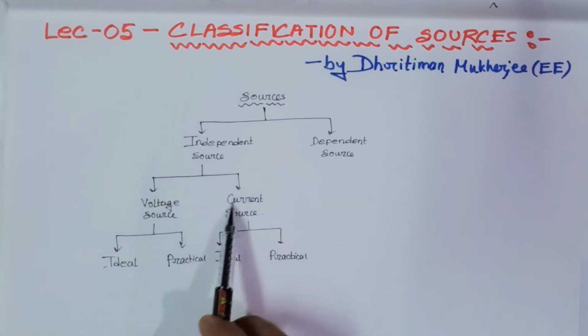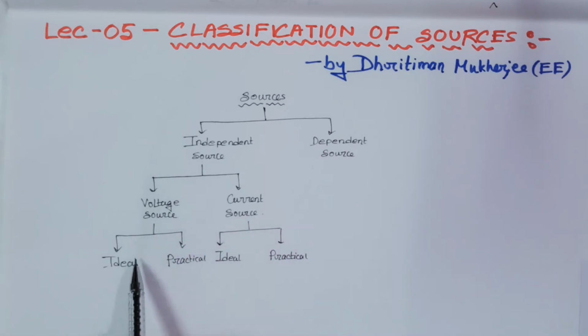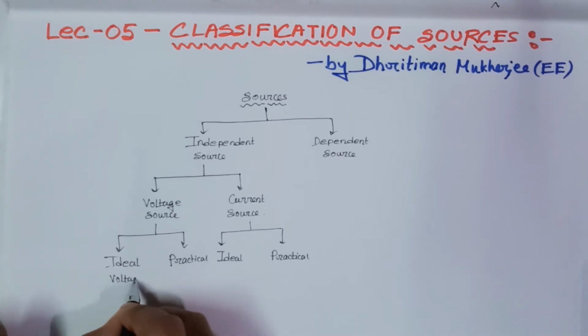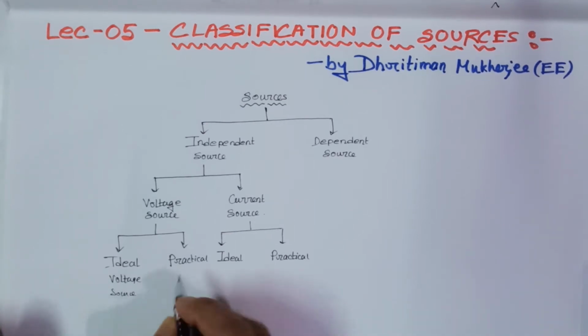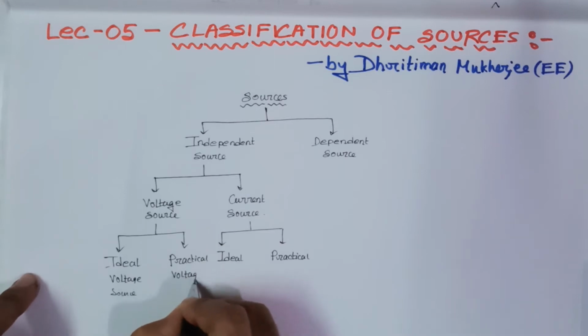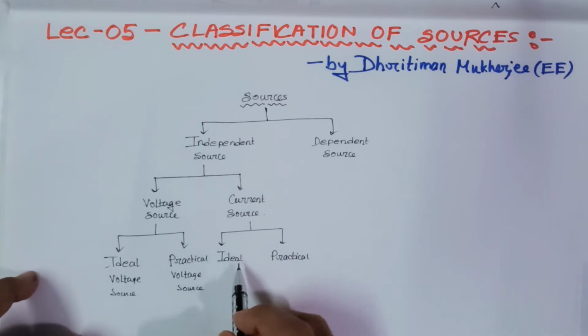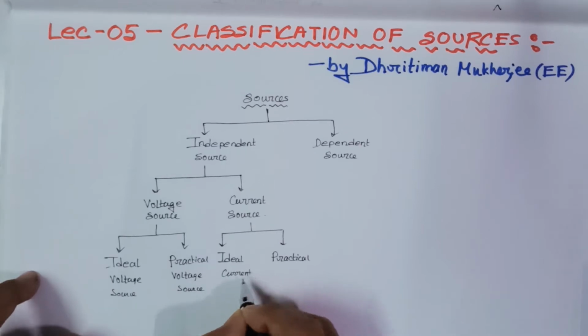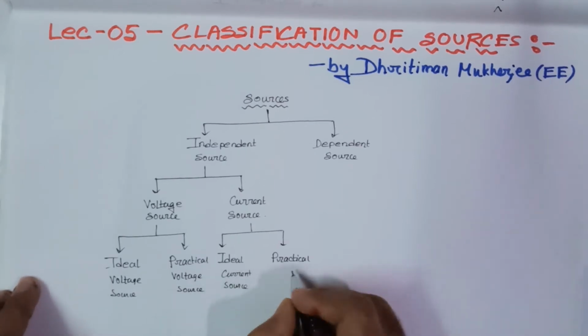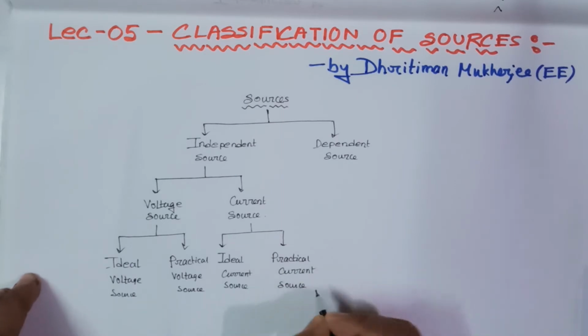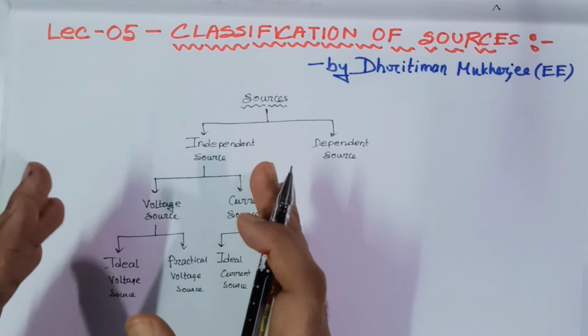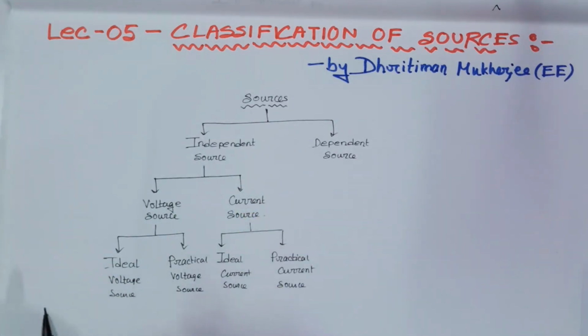Voltage source and current source, and further voltage source can be classified into two parts: ideal voltage source and practical voltage source. Similarly, the current source can also be classified into two parts: ideal current source and practical current source. Clear? So this is the classification of independent sources.